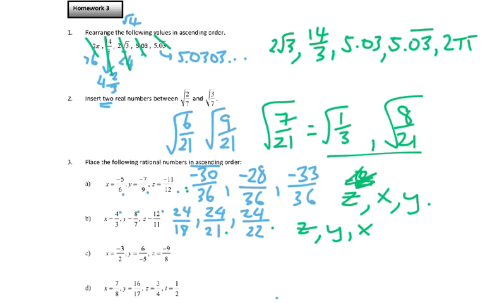Okay, so in part C, if we look here, we can see that the numerators, again, are easier to compare, and if we pick a common multiple there, it looks like 18 is going to work quite well. So let's put them all over 18, or minus 18, shall we say. We're multiplying the first fraction by 6 over 6, which will give us 12.